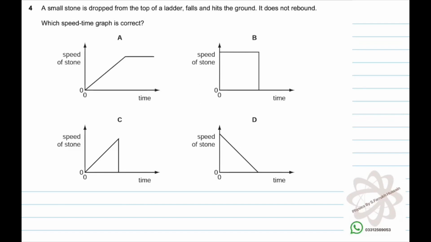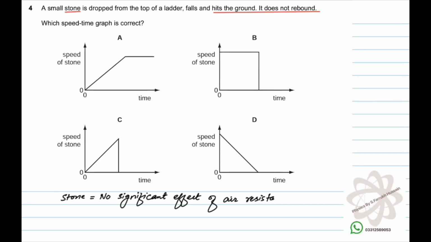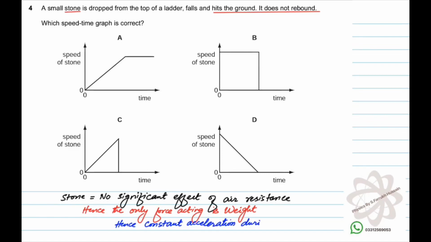So according to this case, it's written the stone hits the ground and does not rebound. The stone is a heavy object, so no significant effect of air resistance. Hence the only force acting is weight, and hence the constant acceleration during free fall.